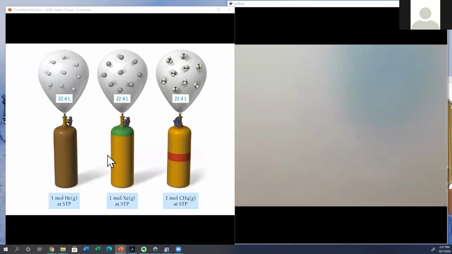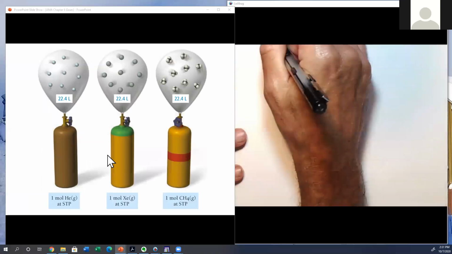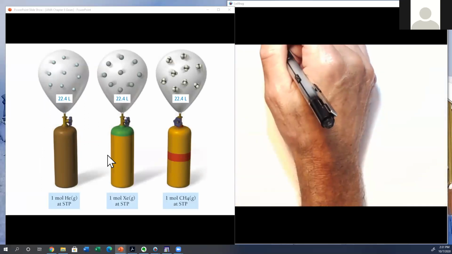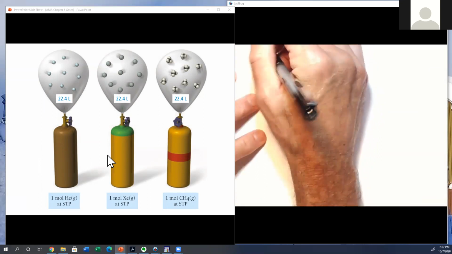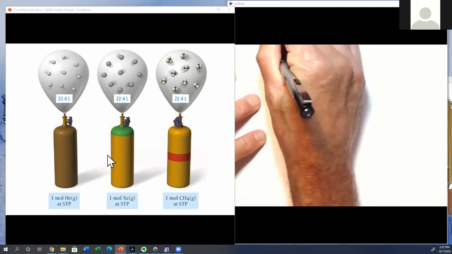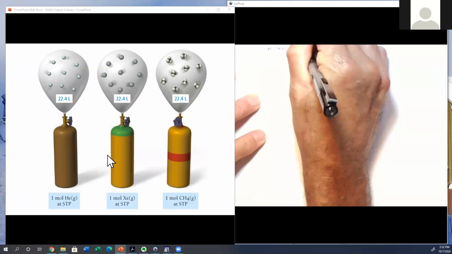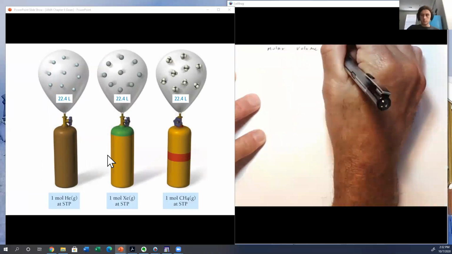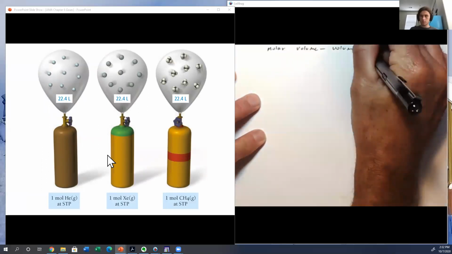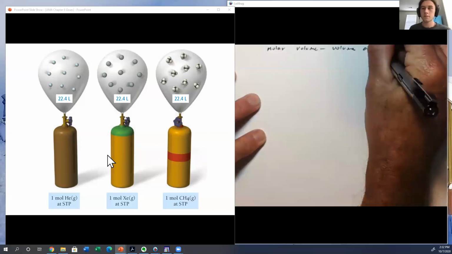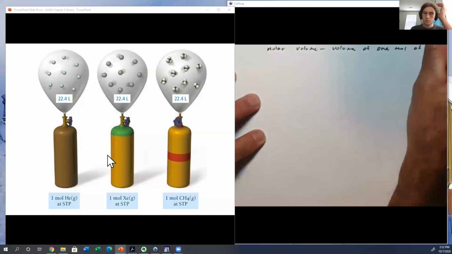So let's first define molar volume: the volume of 1 mole of a gas.